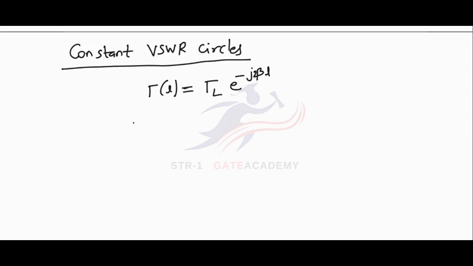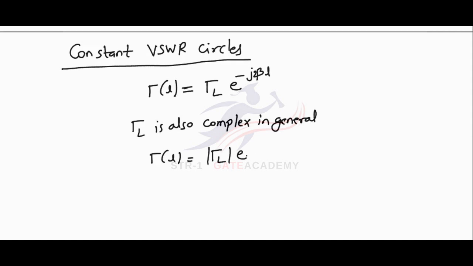So I can write tau of L as mod of tau L into e power j theta L. I'm just converting into the polar form, magnitude at an angle of theta, into e power minus j2 beta L.